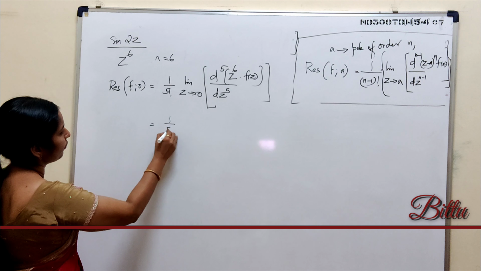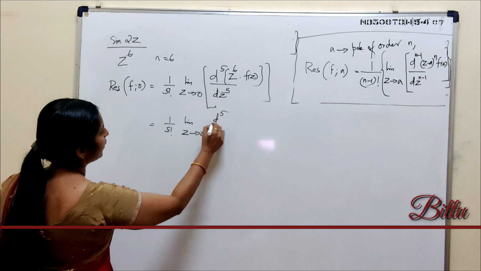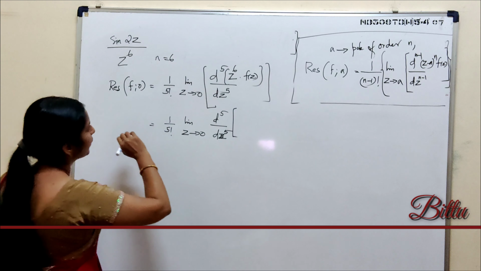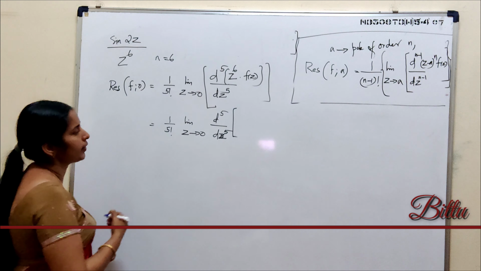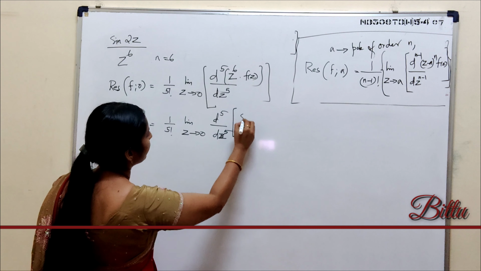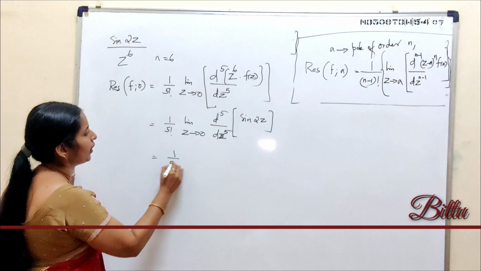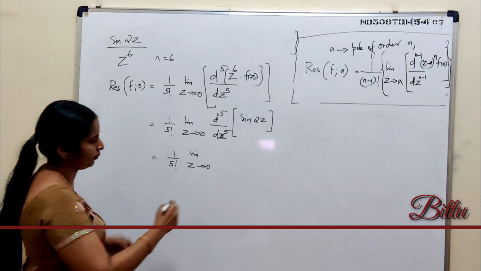That is 1 by 5 factorial, limit z tends to 0, fifth derivative of, if you put f(z) equal to sin 2z by z raised to 6, you can see z raised to 6 will cancel each other and the remaining function is sin 2z. Here you have to find the fifth derivative of sin 2z.